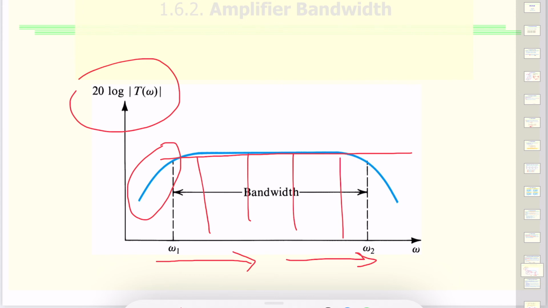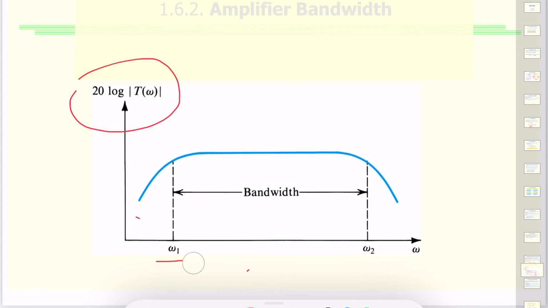gain over that range. So the band of frequencies over which the gain is almost constant to a certain number of decibels, we call that amplifier bandwidth. So that would then tell us this amplifier is going to be amplifying certain frequencies and not others.